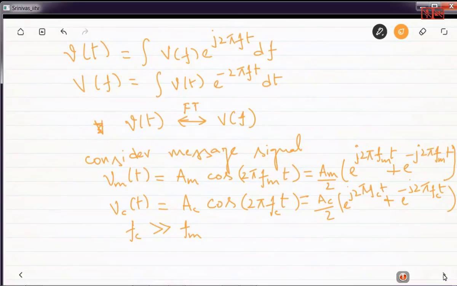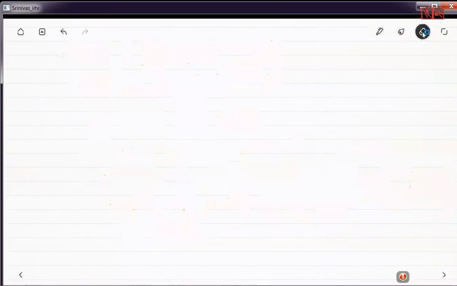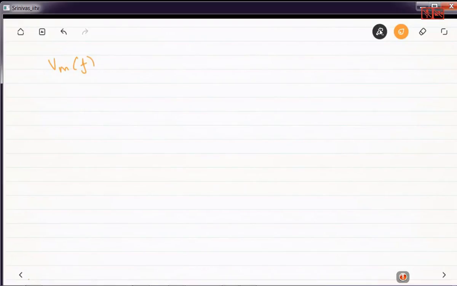Let us see Vm of f. What I'm trying to say is, Vm of f is the Fourier transform of Am by 2 e power j 2 pi fm t plus e power minus j 2 pi fm t.